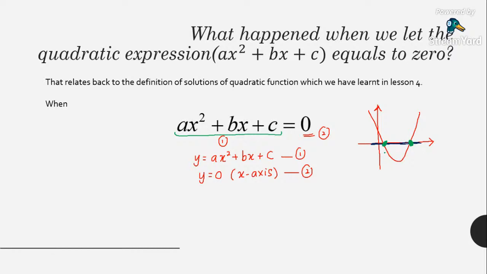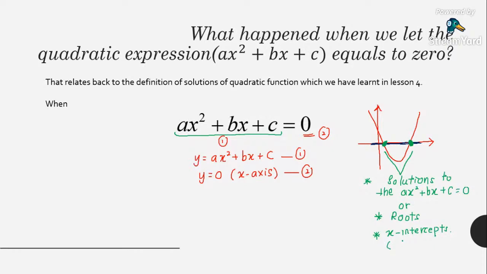These 2 points of intersection are what we call the solutions to the equation ax squared plus bx plus c equals 0, or the roots, or the x-intercepts. In this case, we have two x-intercepts. And if you remember, whenever you want to find the x-intercept, we let y equal 0.